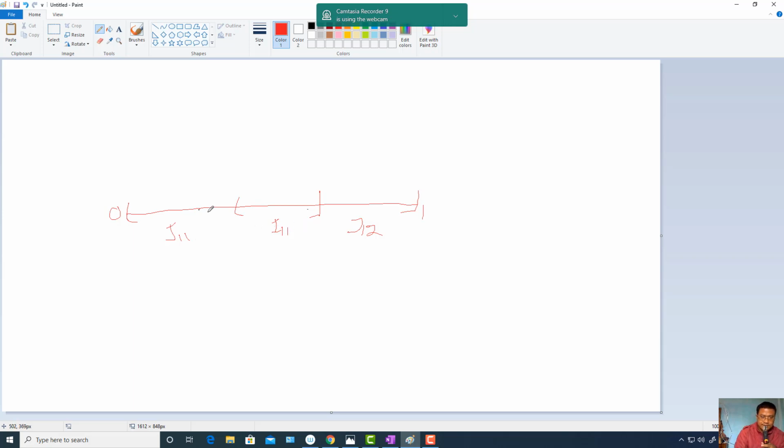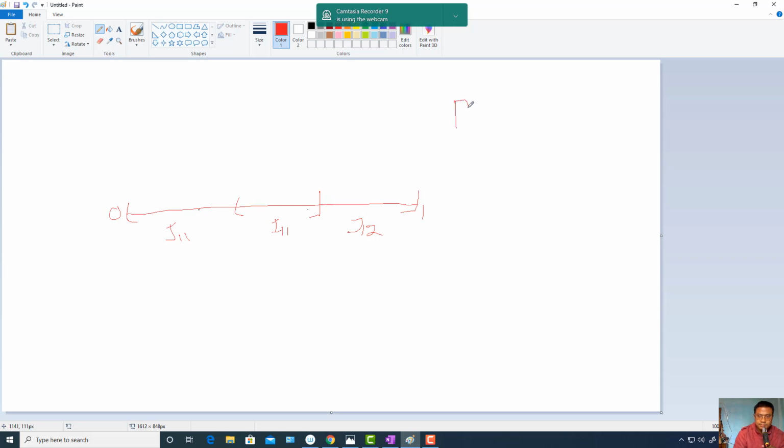Each part has the same length. The total length is 1, therefore each part has length 1 by 3. This is an open interval, and these are closed intervals.